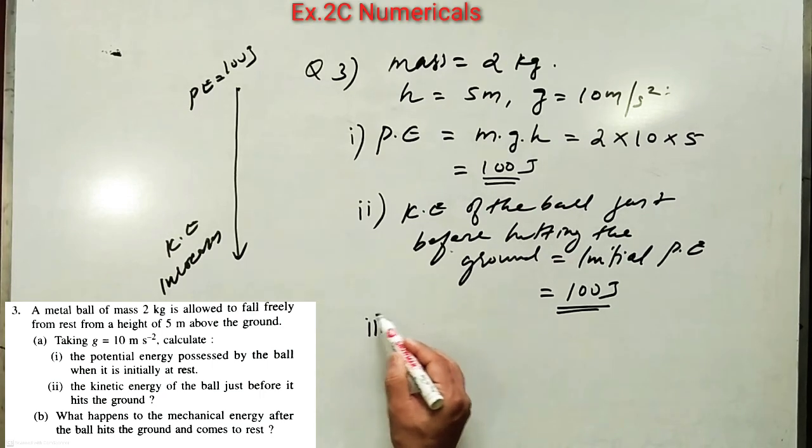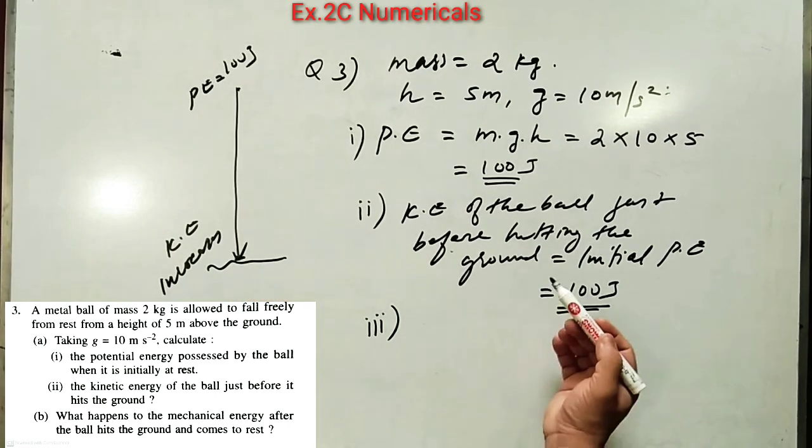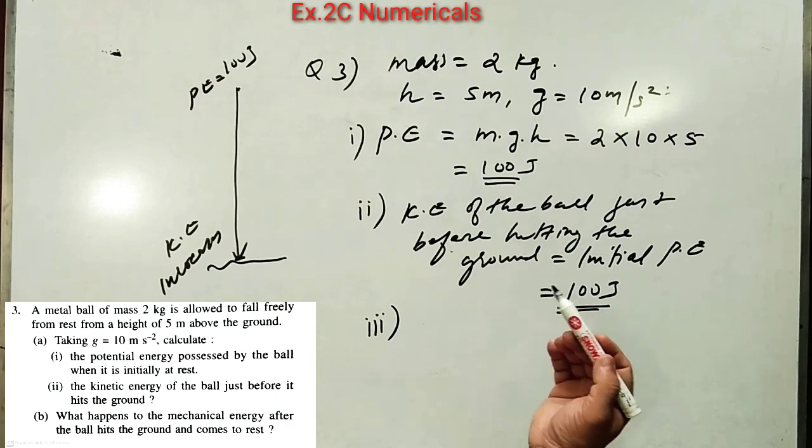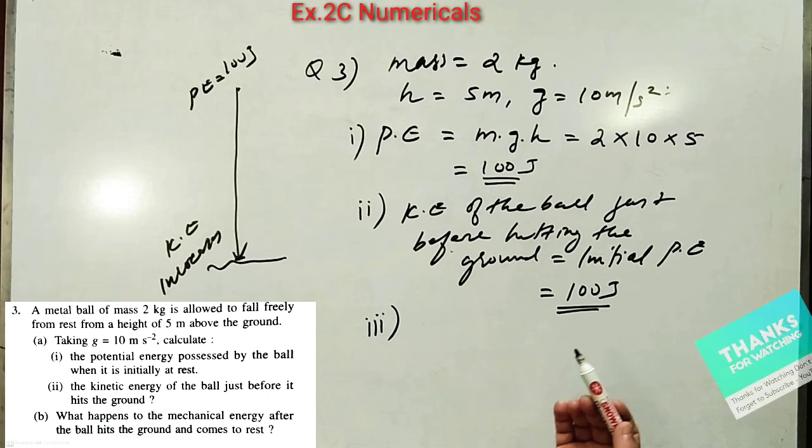The third part of the question, what happens to the mechanical energy after the ball hits the ground and comes to rest? Now the ball is hitting the ground. When it hits the ground, the whole energy possessed by the ball will be converted into heat and sound energy. Clear?